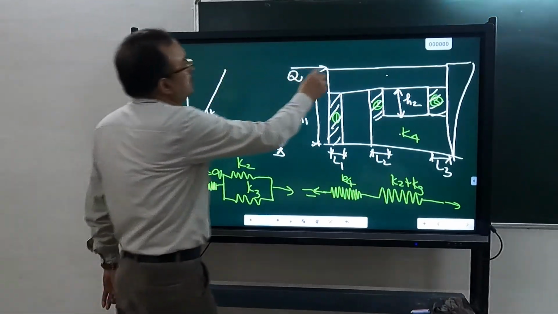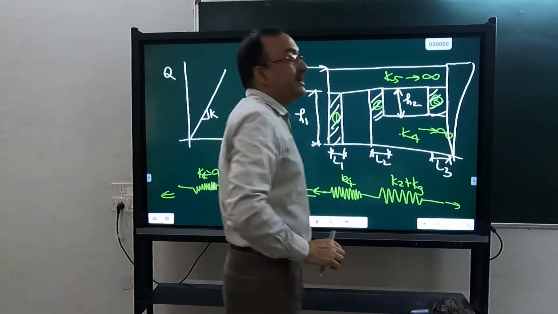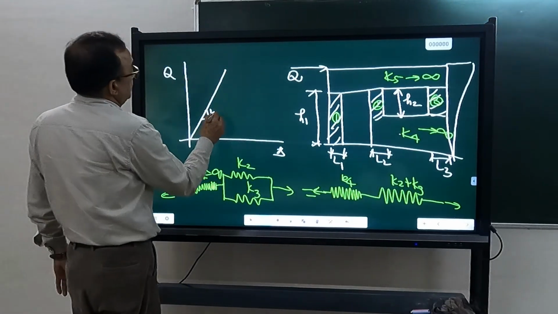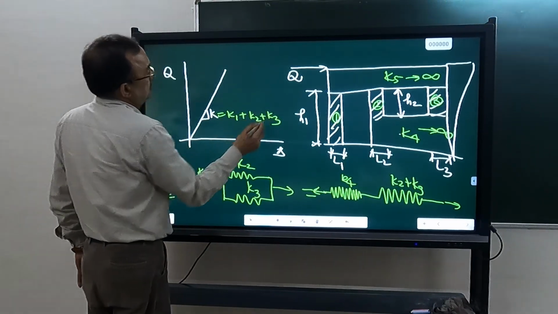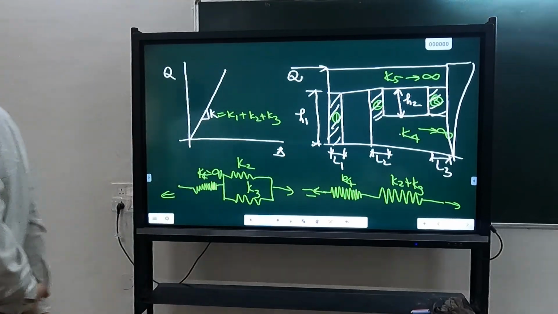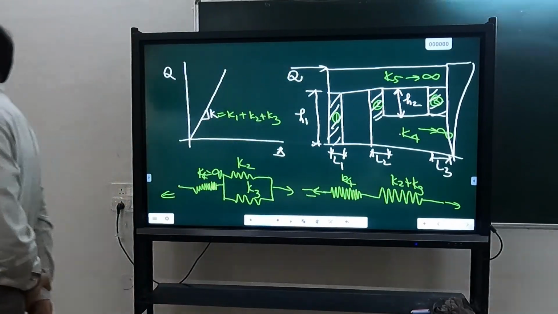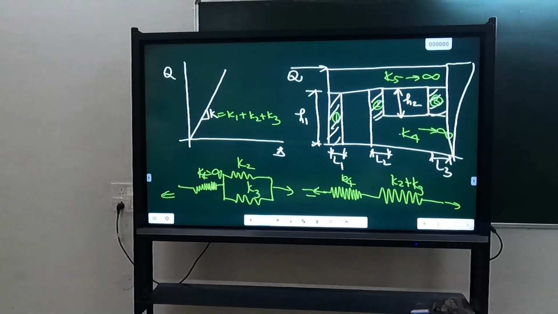Okay. So actually the stiffness of this whole wall, if you assume this K4 and K5 are very large, if these tend to infinite, only in that case the stiffness here will be K1 plus K2 plus K3.